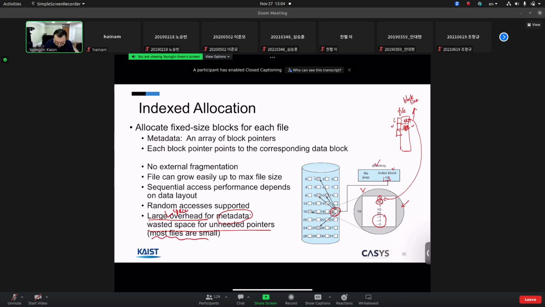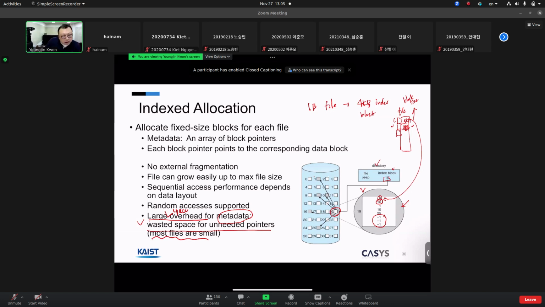If you create a 4 kilobyte 1 byte file, then you need a 4 kilobyte index block, which causes this waste of space.